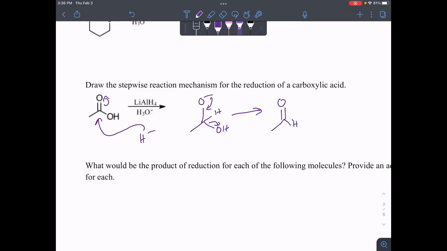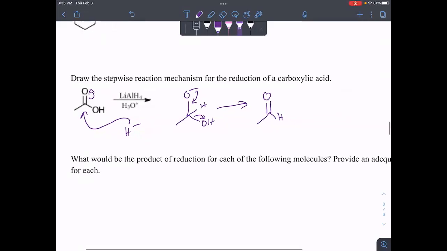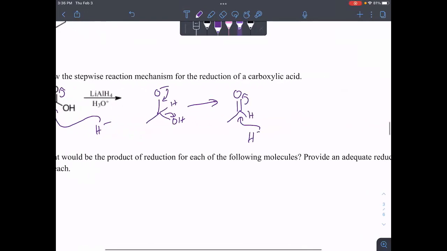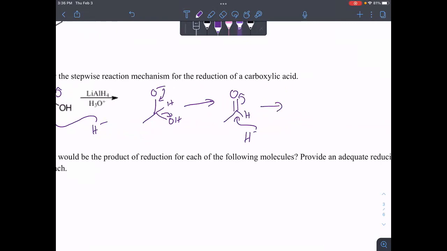So step 1 is to form the aldehyde after kicking off the leaving group. Step 2 is to just do another addition. And then after your second addition, you're going to protonate the alcohol because it can't get reduced any further. That's all.